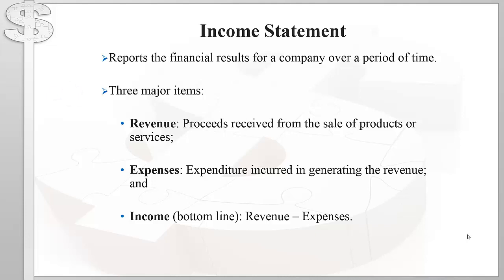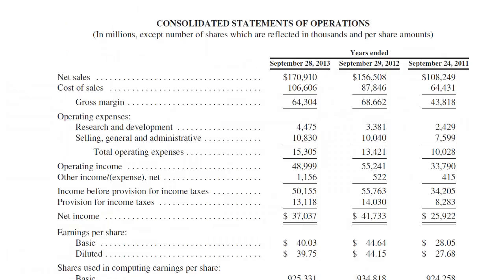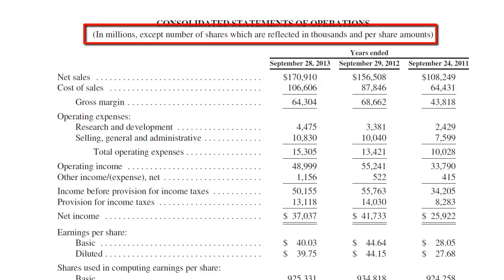Let's look at the income statement of Apple Corporation for an example. Here's the income statement for Apple Corporation for the year ended September 28, 2013. All the figures in this income statement are in millions, except for the number of shares, which are in thousands, and there are some per share amounts.